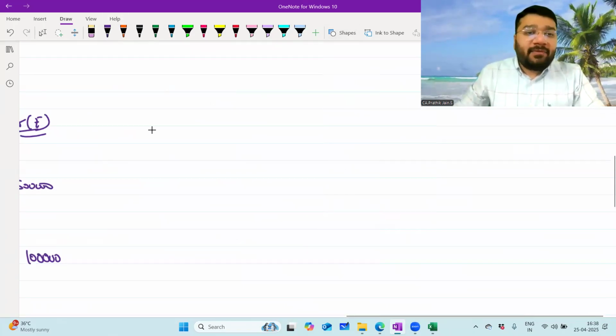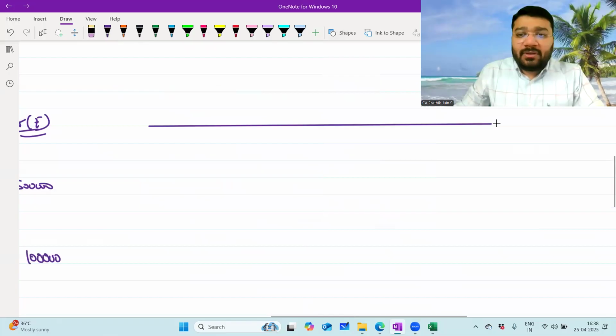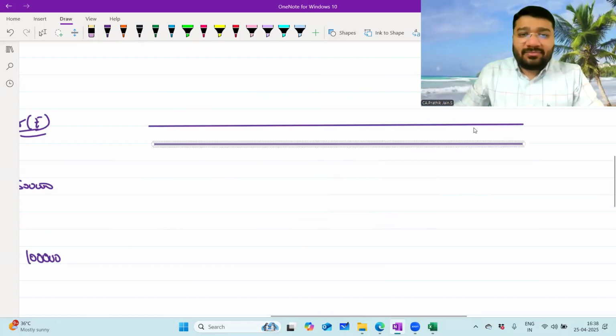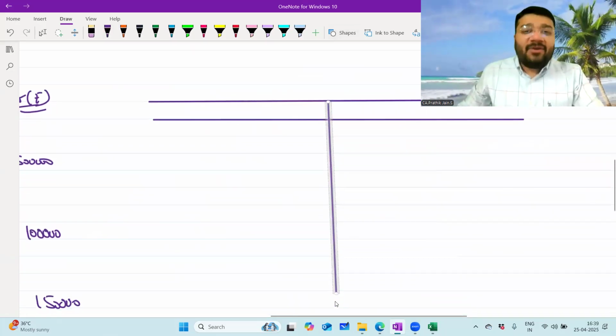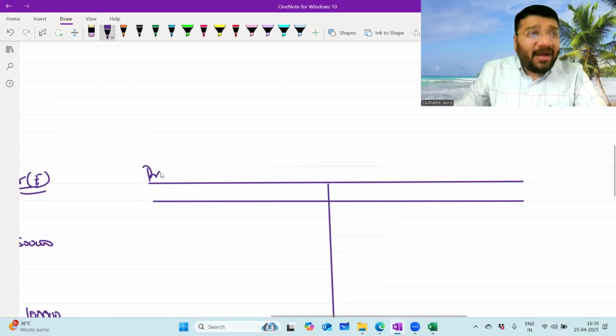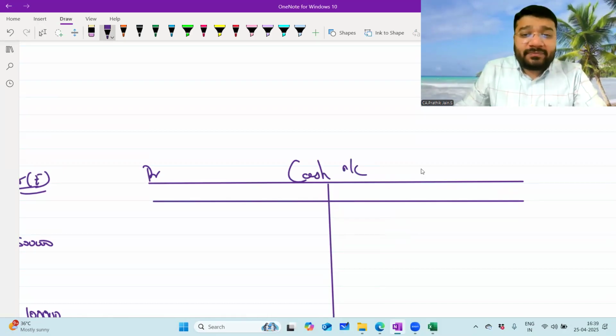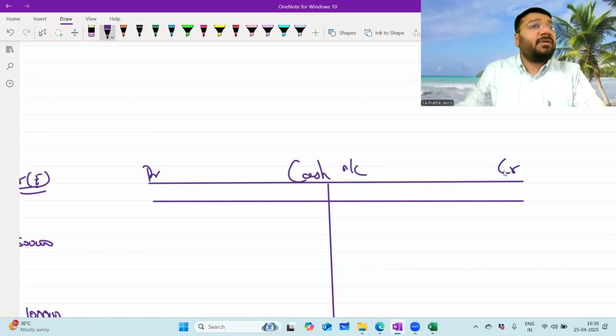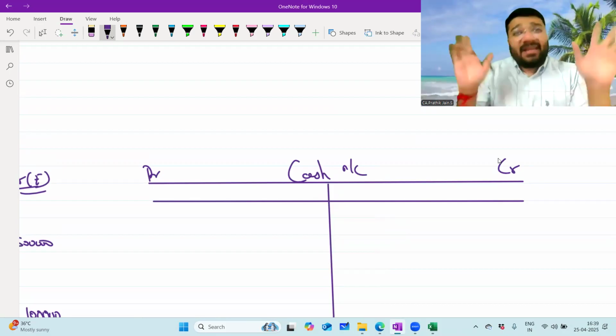First ledger I'll do neatly with the format. Only one ledger, otherwise I'm a very lazy goose, but I don't do the format because I'm saving time. DR, then first is cash account, then CR. Can I write cash account and forget DR, CR?